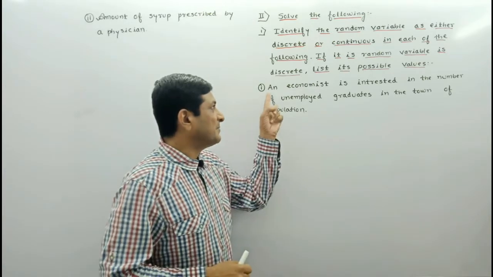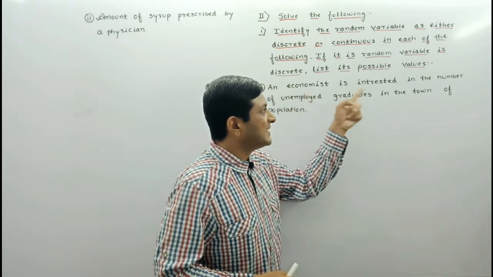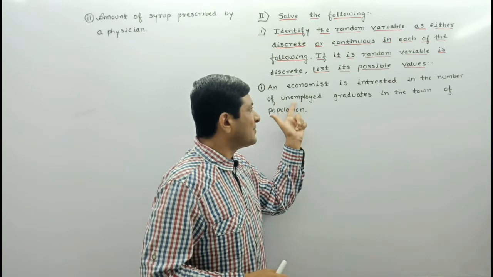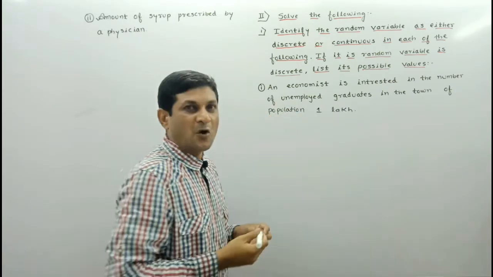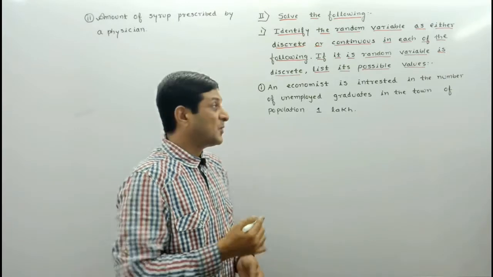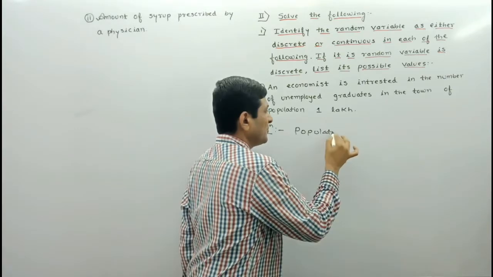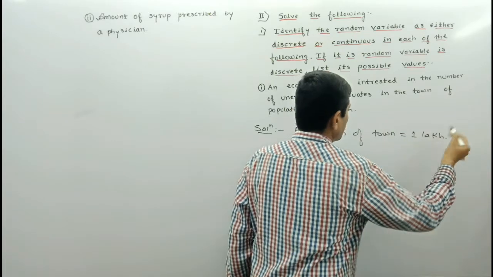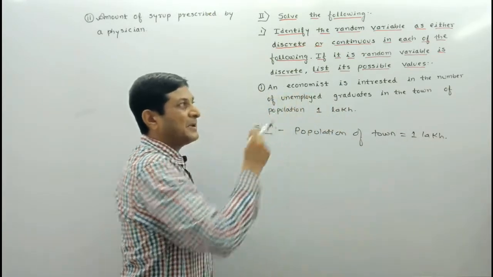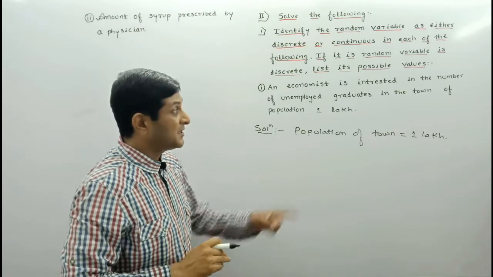See the first example: an economist is interested in the number of unemployed graduates in a town of population 1 lakh. What is the population of the town? Population of the town is equal to 1 lakh. It is given to us. Now our random variable shows what?